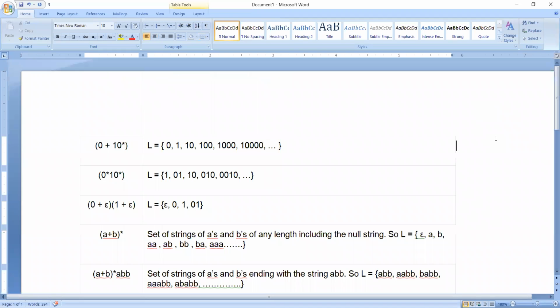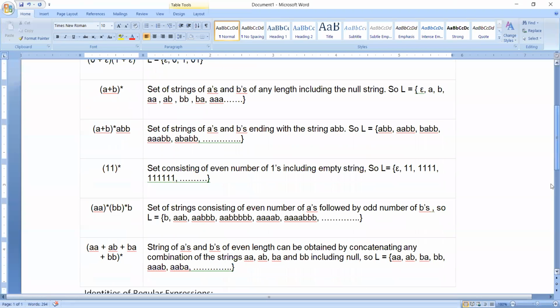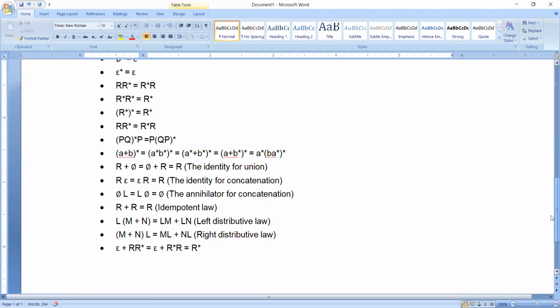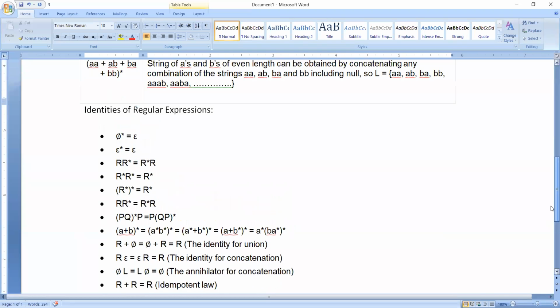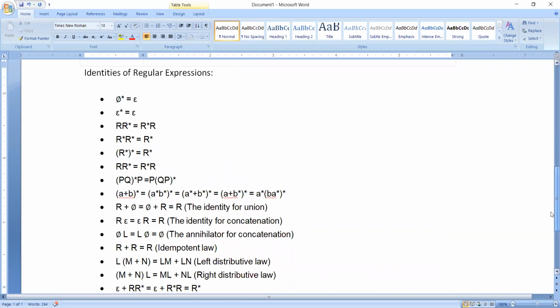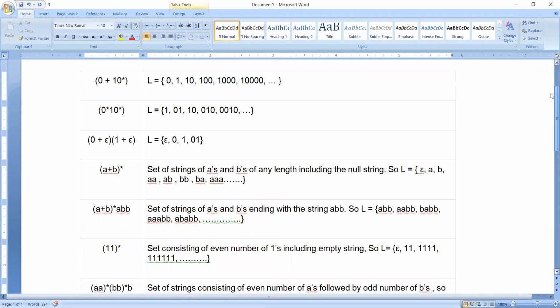Are you able to understand the need for representing a language in the form of a regular expression? If so, then in tomorrow's class we will write some regular expressions for some languages, and after that we will discuss the identities of regular expressions, then solve some expressions, and then move on to the conversions.